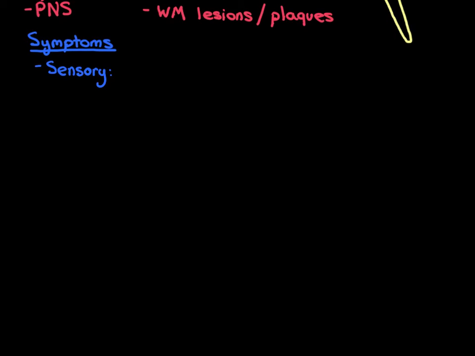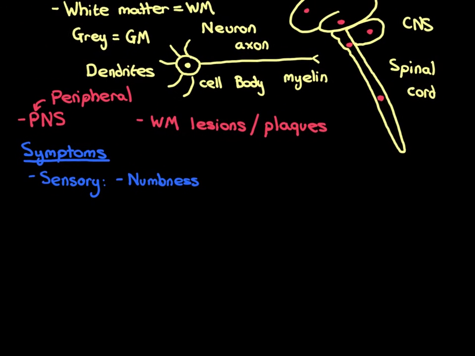So, one of the things that people can get is numbness in certain areas of their body. So I'll put this here. So numbness is one of the symptoms of multiple sclerosis, and hopefully you can understand why this is, even if we don't actually know all of the ascending tracts, the pathways by which information is communicated up to the brain from the peripheral nervous system.